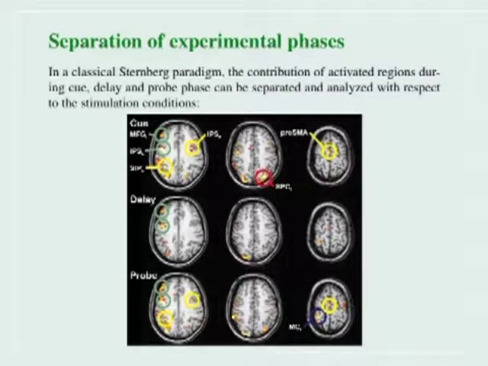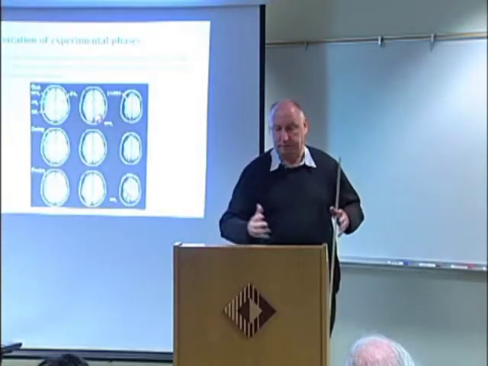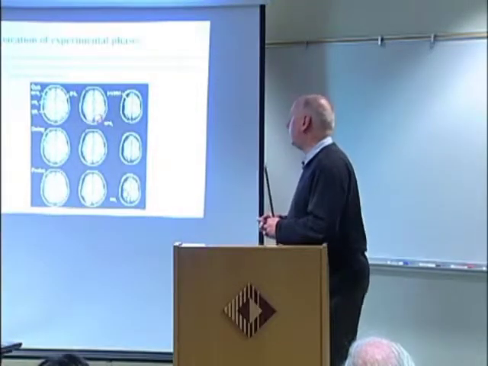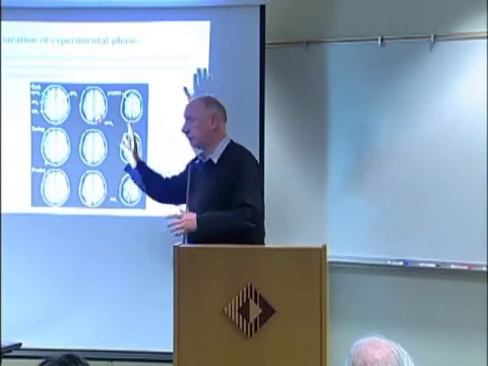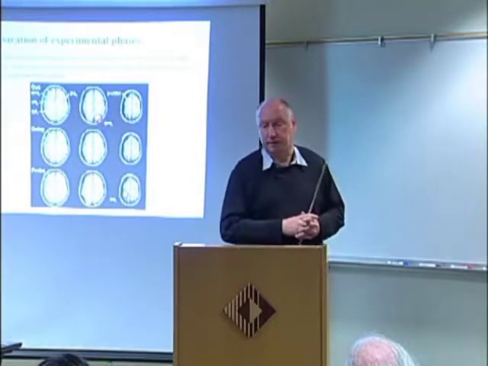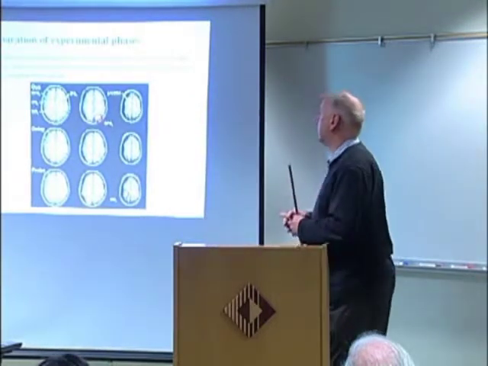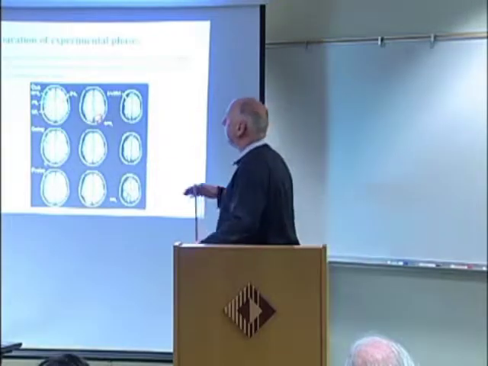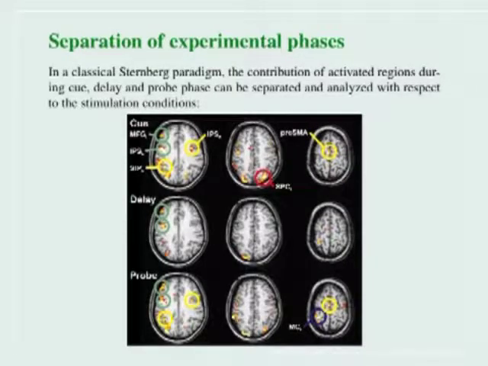Another example: here we have a classical Sternberg paradigm. First I show a few items to a subject, then we have a certain delay phase, and after that phase I show another item, and the subject is asked to respond whether this item has been in the set before. So first we have the cue phase, then a delay phase, and then a probe phase.